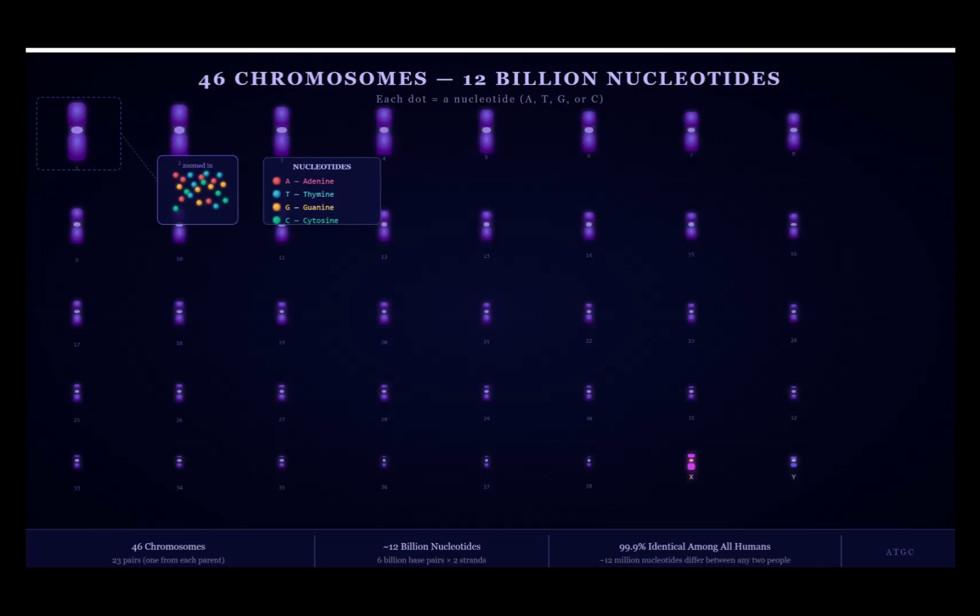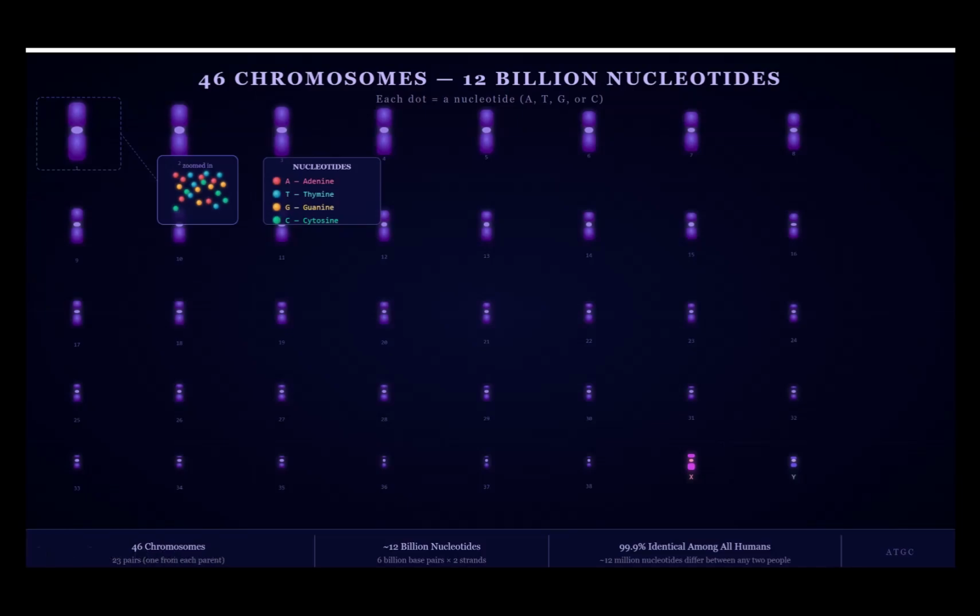arranged in 46 chromosomes, and those chromosomes have nucleotides. And there are four types of nucleotides: adenine, thymine, guanine, and cytosine. Basically, they are parts of nucleotides, but we'll go with these typically as the nucleotides A, T, G, and C, four possibilities.